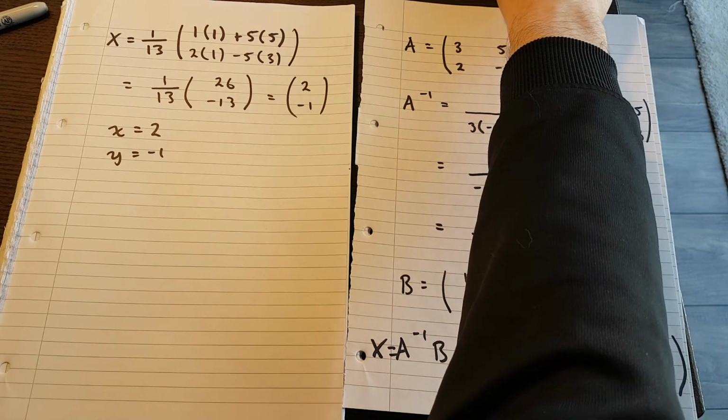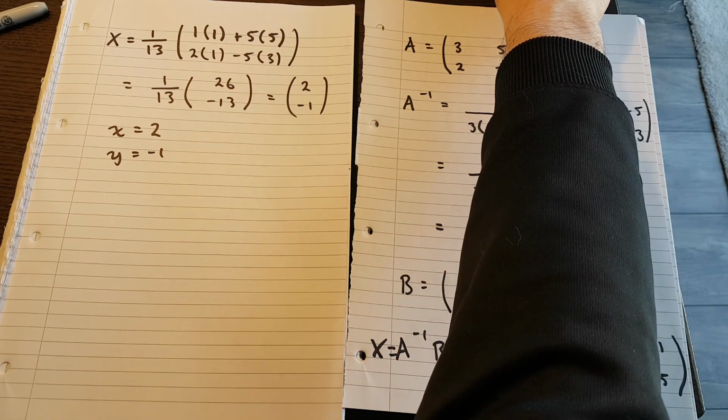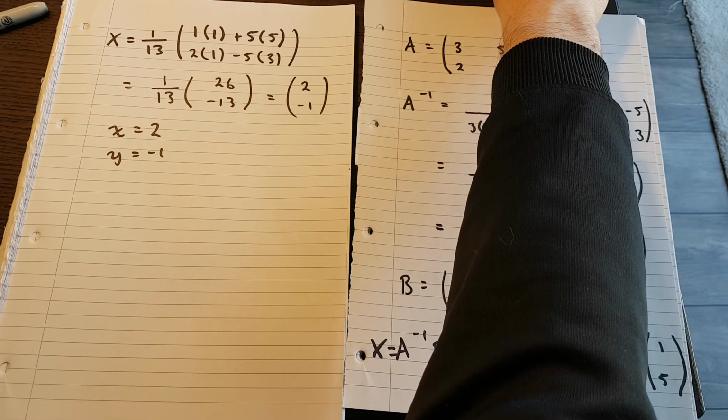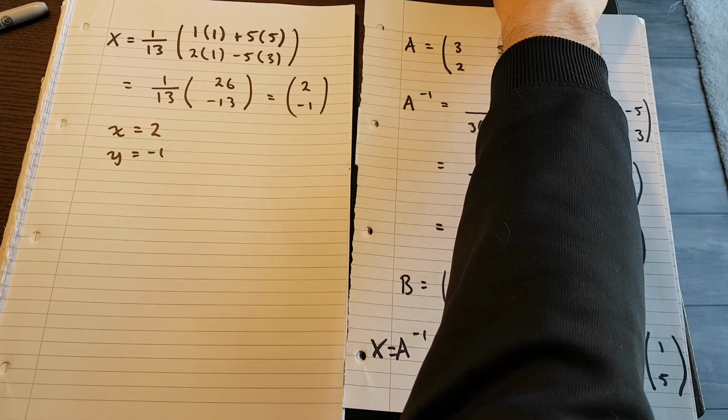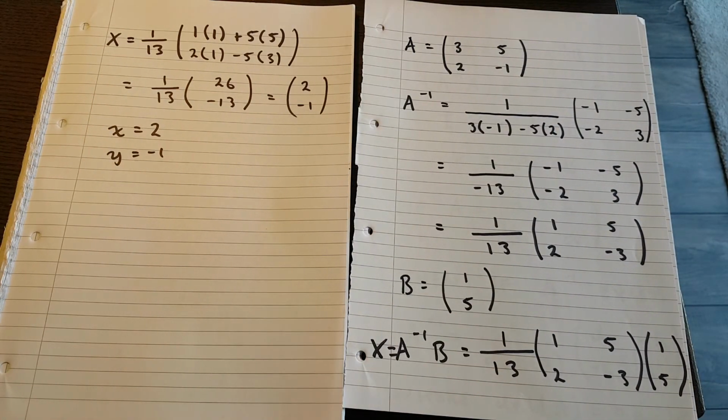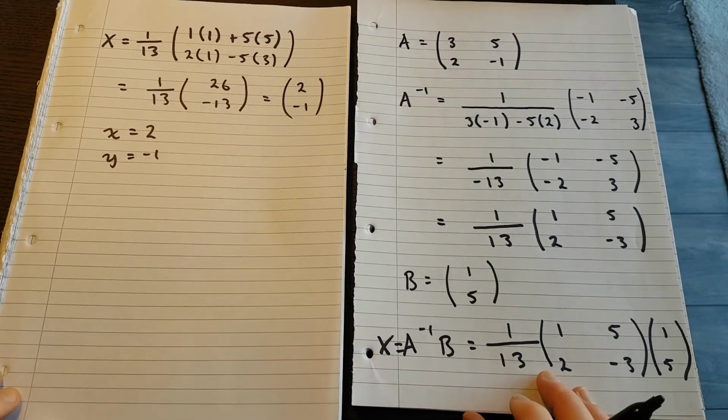And we'll talk about how to find the inverse of a 3x3 matrix in the next set of videos. So this was a 2x2 matrix. The reason we teach this in first year is because it's relatively simple and it gets the idea of a matrix across. But it doesn't really help understand how the inverse matrix is actually constructed.